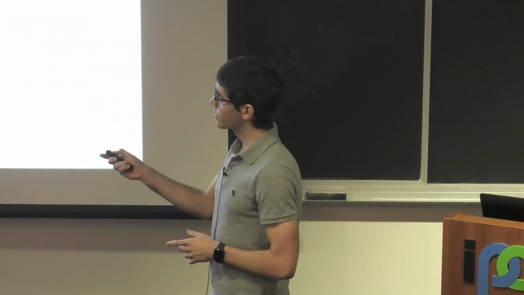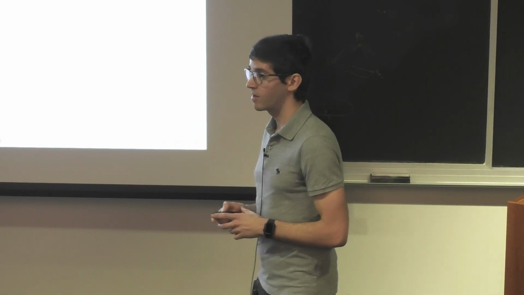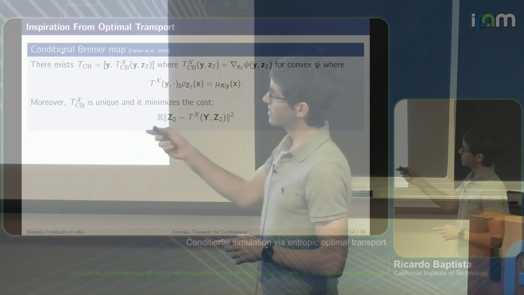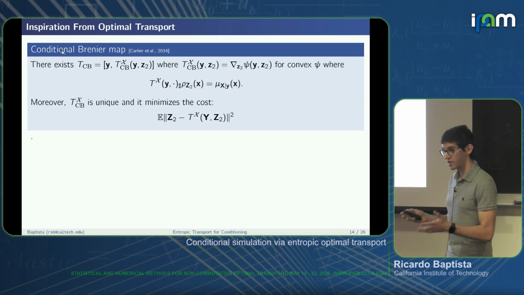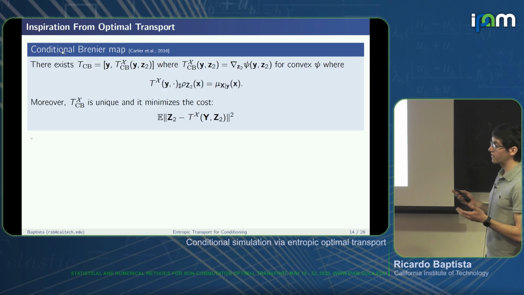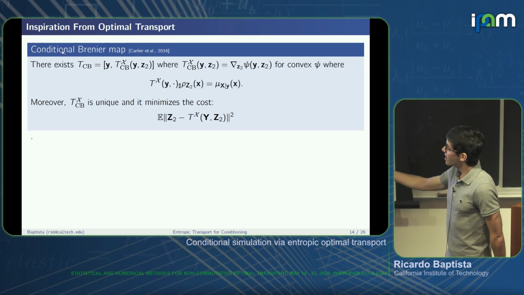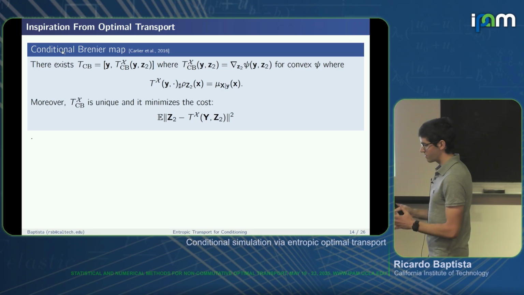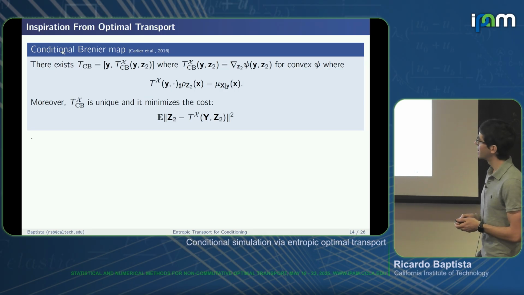So what we're going to focus on is an estimator based on entropic optimal transport in particular. This really relies on two main results from Carlier and co-authors. The first is something that we coined the conditional Brenier map.